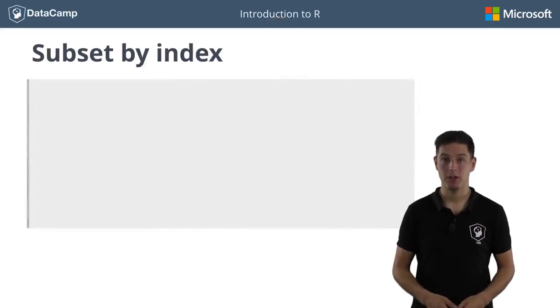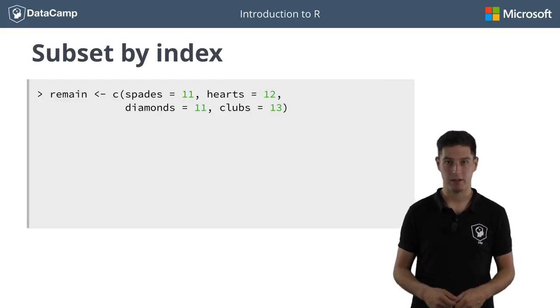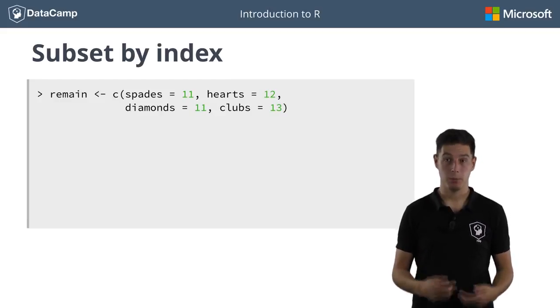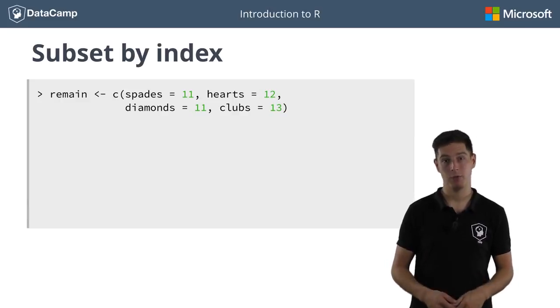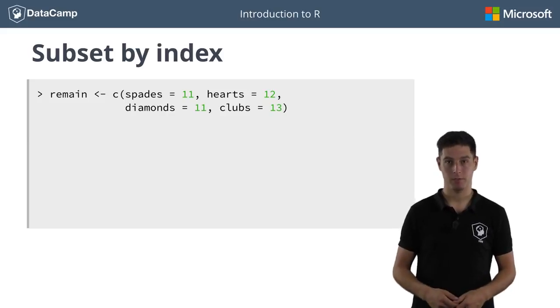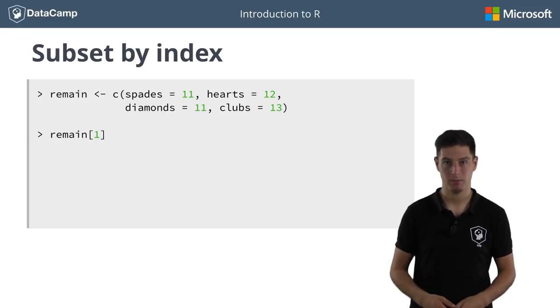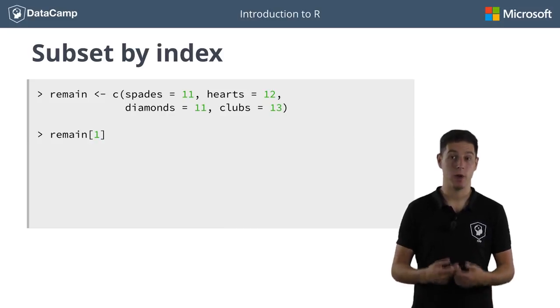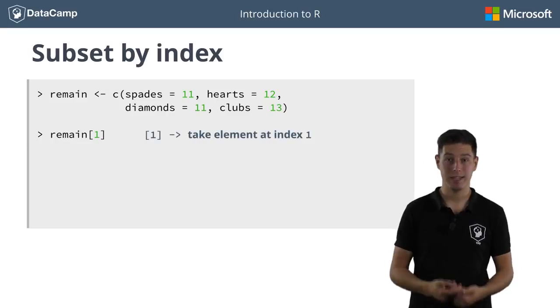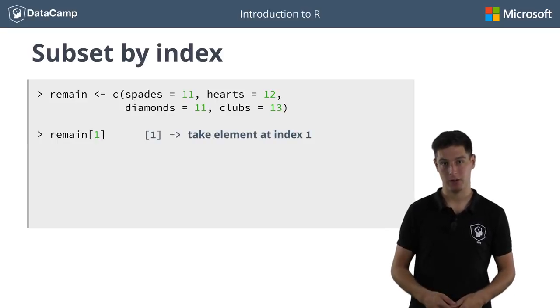Remember the remain vector that we built in one of the previous videos? Here it is again, as a named vector. Suppose you now want to select the first element from this vector, corresponding to the number of spades that are left. You can use square brackets for this. We write remain, open brackets, 1, close brackets. The number 1 inside the square brackets indicates that you want to get the first element from the remain vector.